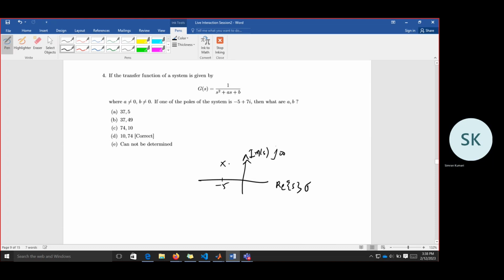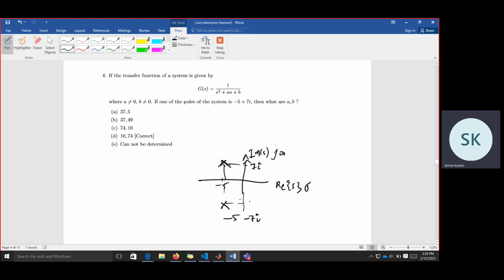And this is 7i. So this is the root. Now, if this is one root, this is complex, so there will be another root which is the complex conjugate of this. It will be this one, so this will be -5 minus 7i.